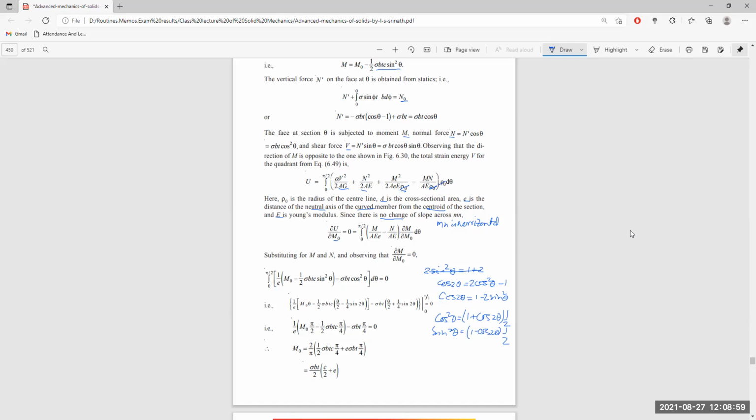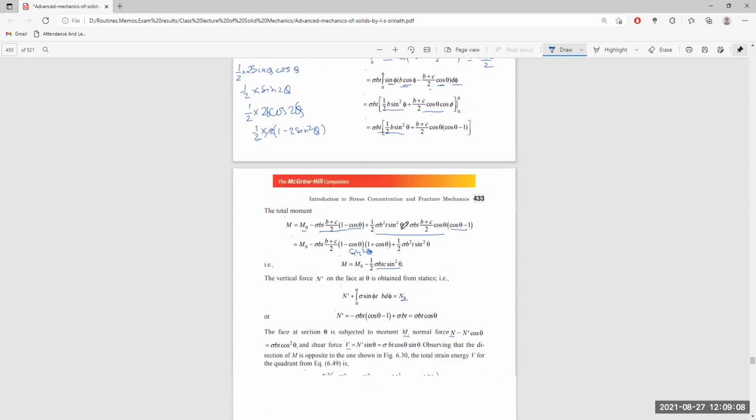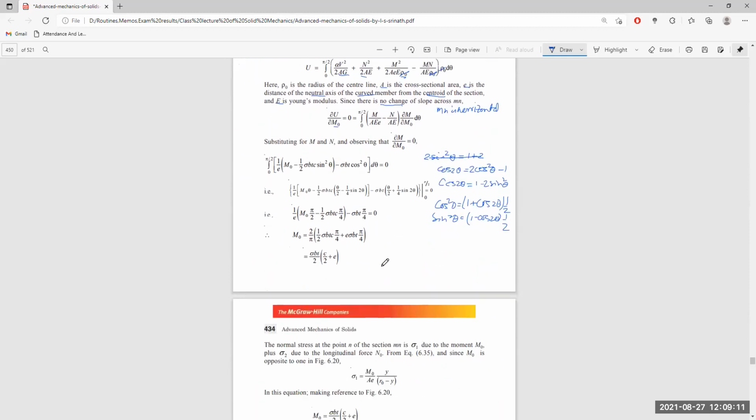So we are getting the value of m0 in terms of sigma, the external stress, the width of the strip b, the thickness of the strip t, and c, the thickness of the inner hole, plus the eccentricity of the centroidal ring to that of the neutral ring itself.